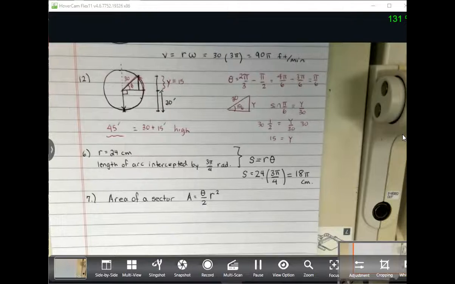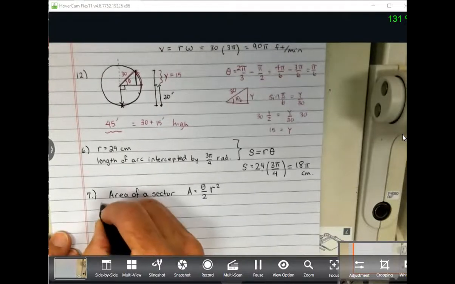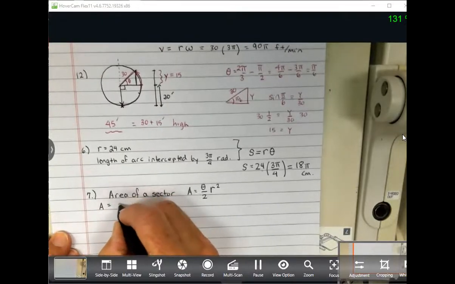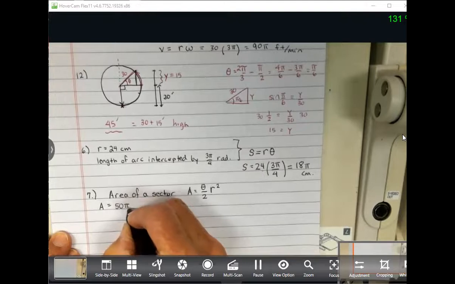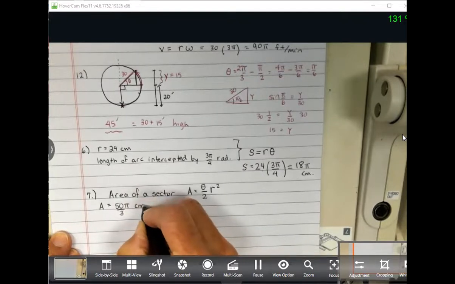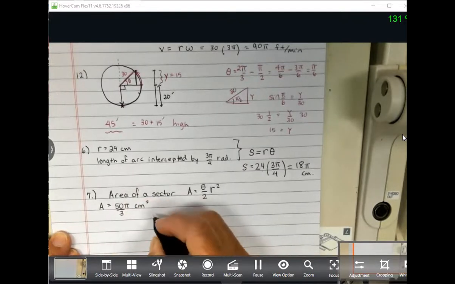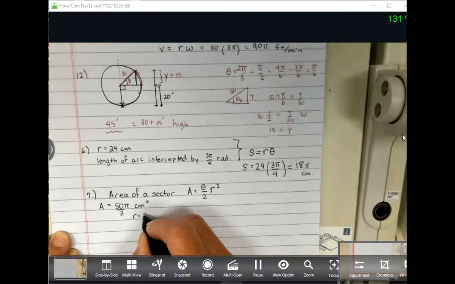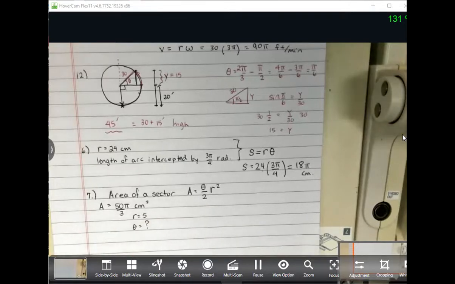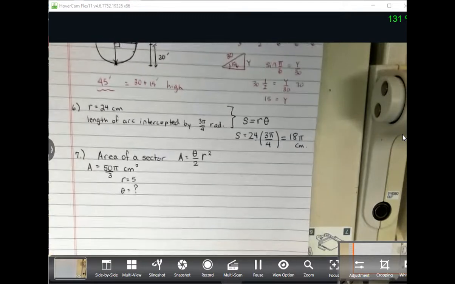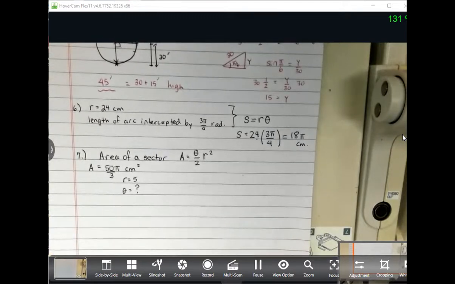And in this one, we're told that the area is 50 pi over 3 square centimeters, and the radius is 5. Find theta. So essentially, it's just a matter of plugging those things into the formula and then being able to do the algebraic steps to get the theta out of there.